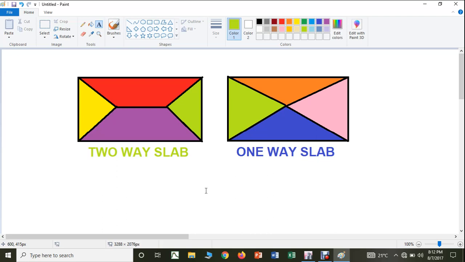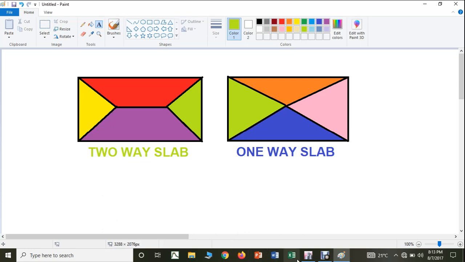Based on Ly and Lx, that is the longer and shorter dimension of the slab that we have modeled, it will be decided as a one-way or two-way slab. After deciding that, the load conversion from kilonewton per meter square to kilonewton per meter will happen automatically, and it will be considered in the design as well as the analysis of the beams.